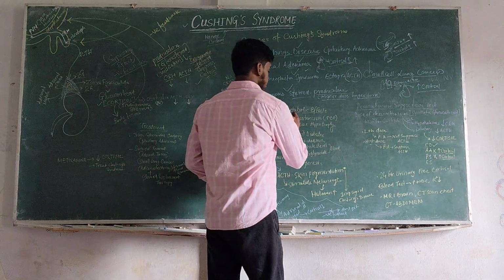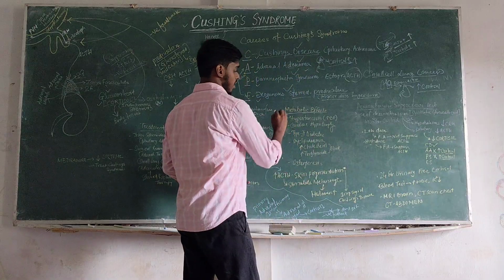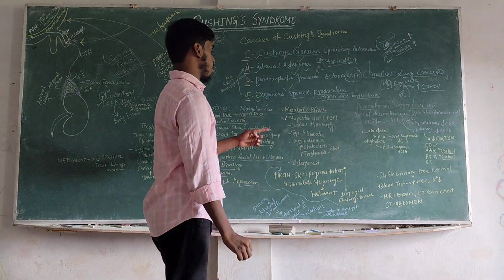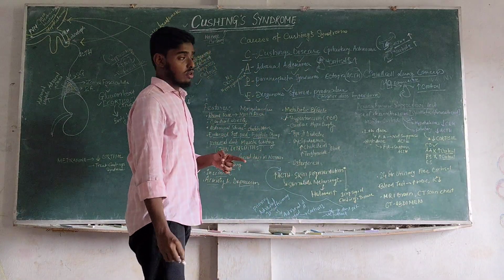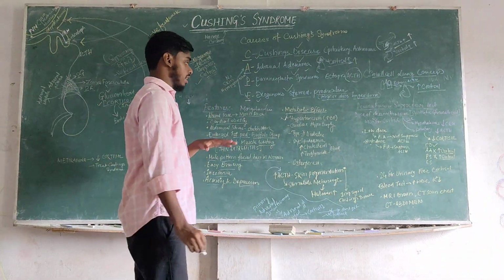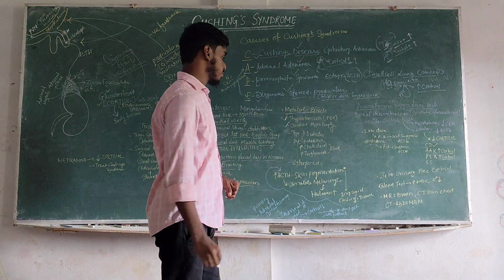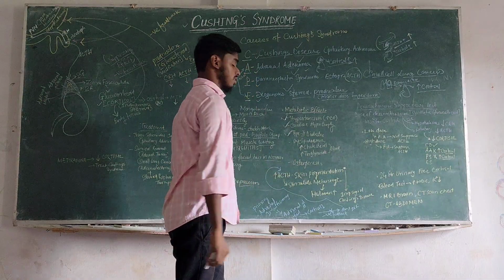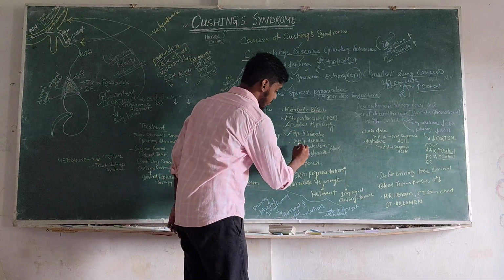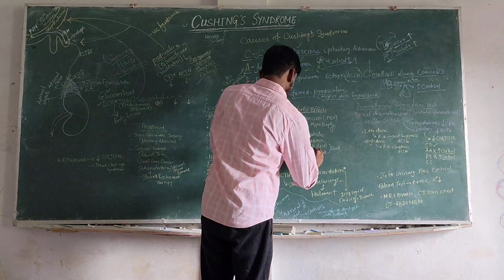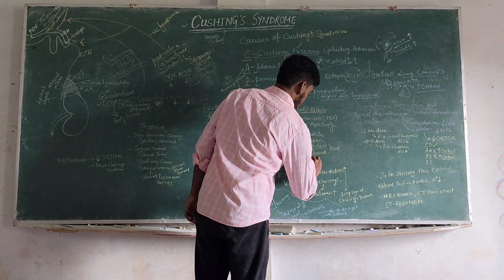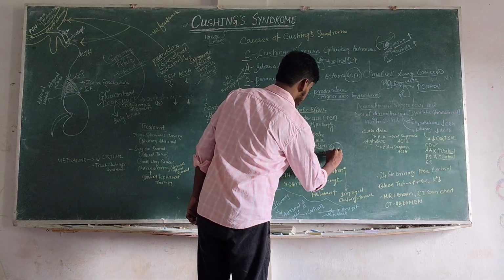And the metabolic defects: first of all, hypertension or higher BP, because we know that cortisol is a stress hormone which increases the blood pressure. This can also cause cardiac hypertrophy and type 2 diabetes mellitus. It can also increase cholesterol and triglycerides in the blood.